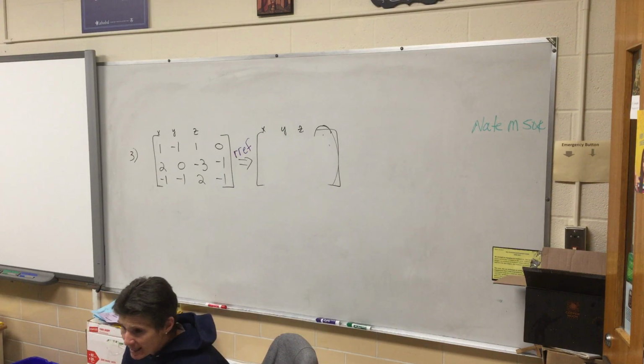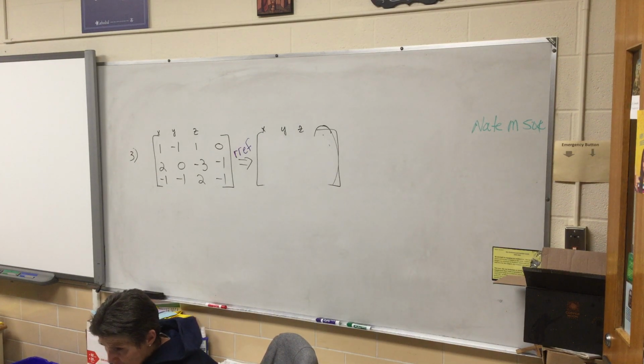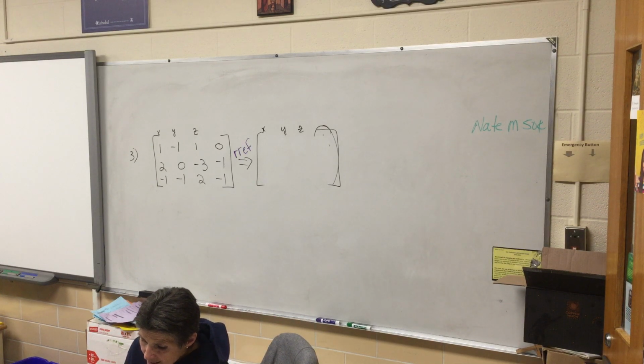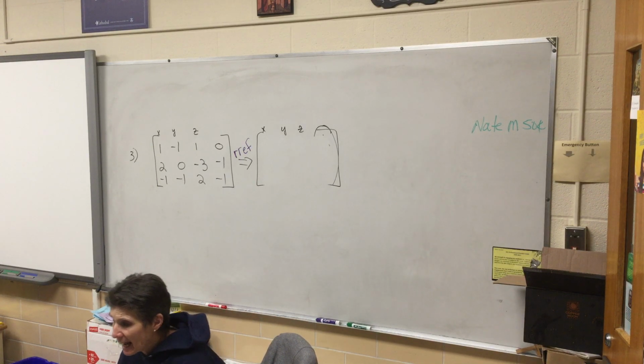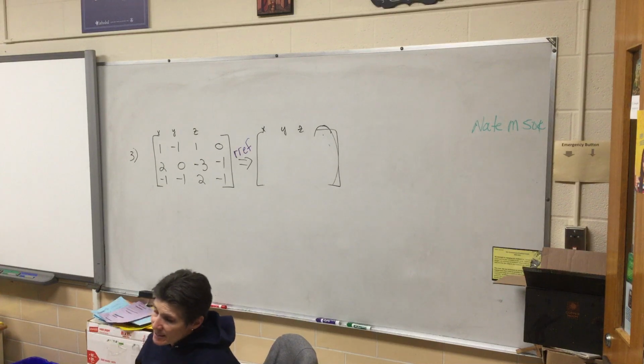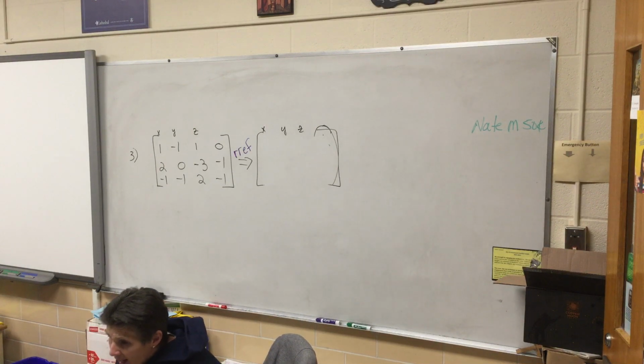Once I get everything in and I've pressed enter, what then do I have to do? No one remembers? You do second quit. Second quit. Okay, we got to get out of there because as long as you're in the edit menu, guys, it's just going to keep putting numbers in and you're done. You don't want to put any more numbers in.